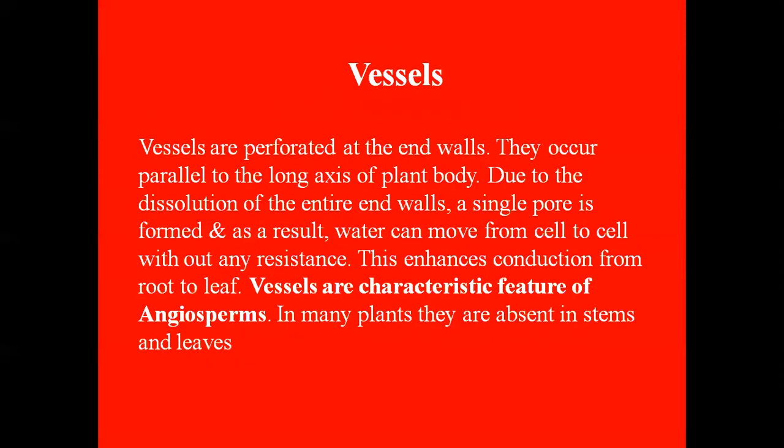Vessels. Vessels are perforated at the end walls. They occur parallel to the long axis of the plant body. Due to the dissolution of the entire end walls, a single pore is formed, and as a result, water can move from cell to cell without any resistance.